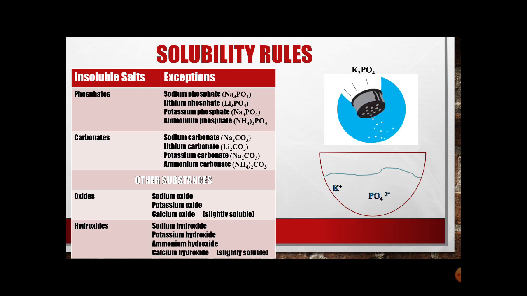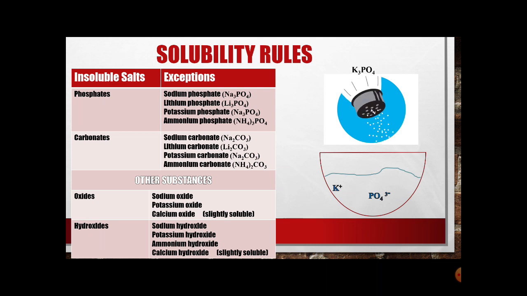An exception is potassium phosphate, because any salt that contains sodium, potassium, lithium, or ammonium ions is soluble. They will separate into their ions when in water. Other insoluble substances are oxides and hydroxides.